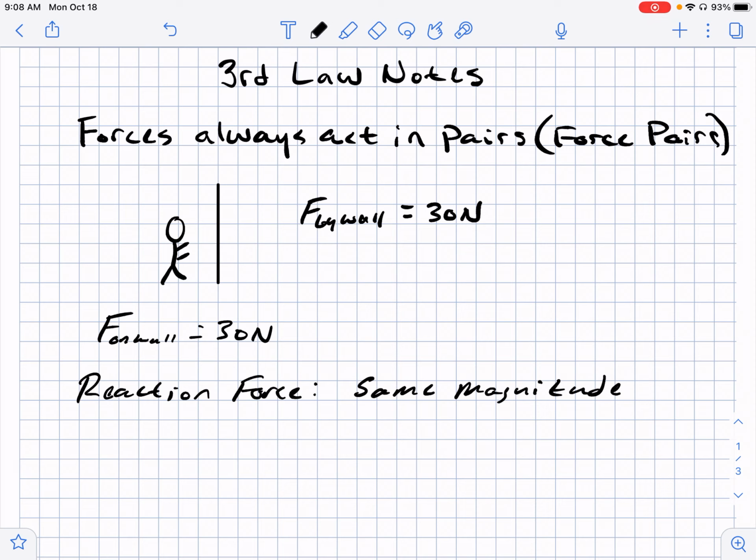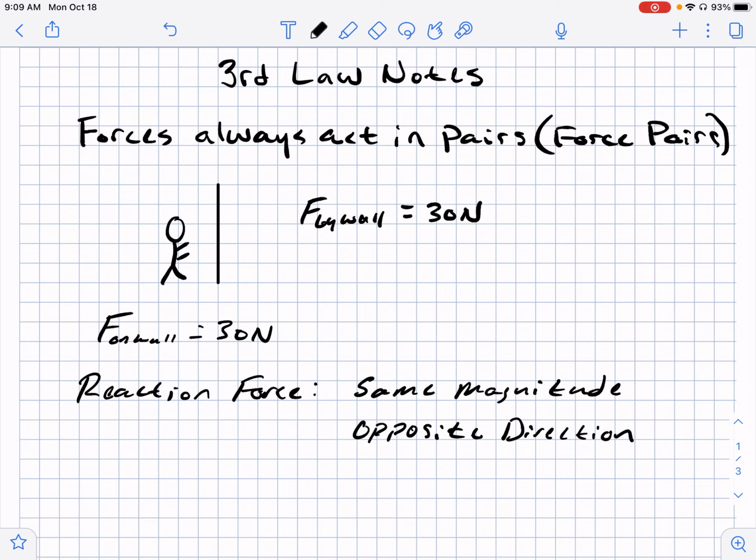And then they're also going to have an opposite direction. You're pushing the wall to the right, but then the wall is pushing you to the left. So your reaction force is going to be opposite the direction of the action force. So we have our action force and a reaction force.